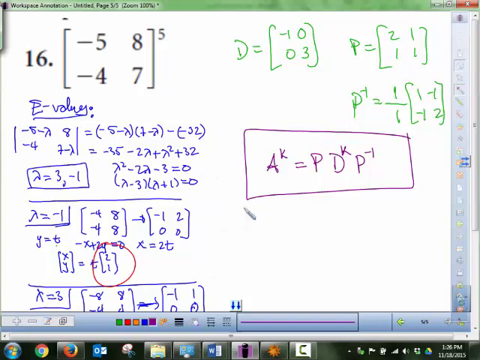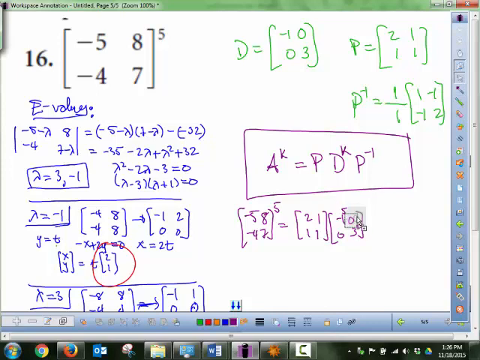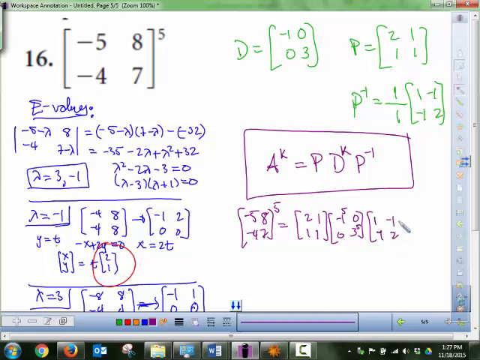So [-5, 8; -4, 7] to the 5th power is equal to your P matrix, [2, 1; 1, 1], times your D matrix, [-1, 3], raised to the 5th power, which is just taking the diagonals to the 5th power, and then finish it off with the inverse, [1, -1; -1, 2].